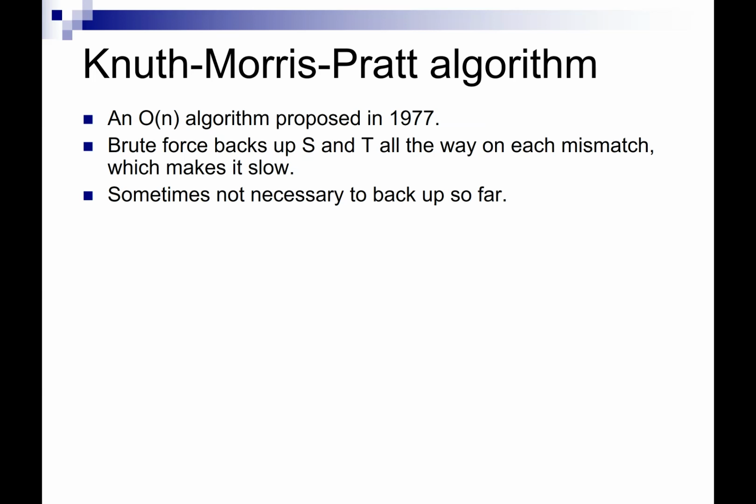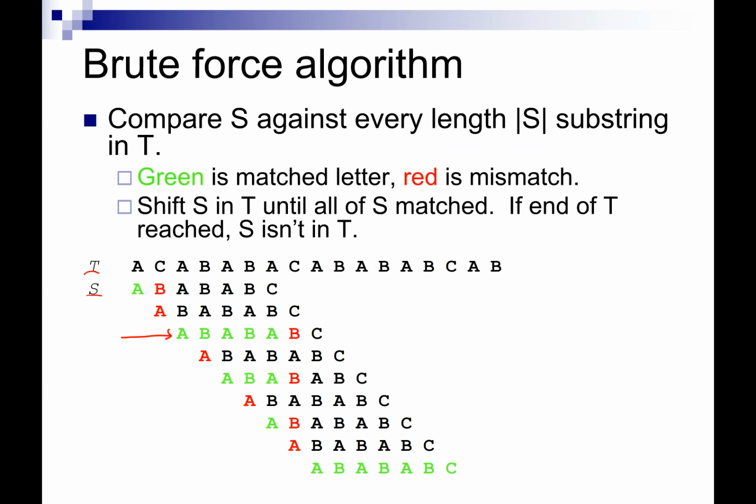So the basic idea for KMP is that if you think about the brute force algorithm, we were trying to match S and T at these various locations, and we kept on shifting S throughout T. Sometimes we actually found a pretty good match between S and T. For example, over here, we managed to match a large part of S and T. However, as soon as you found the first mismatch, we threw away all this work that we did.